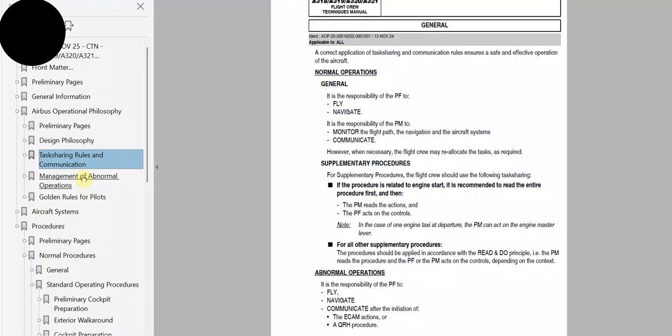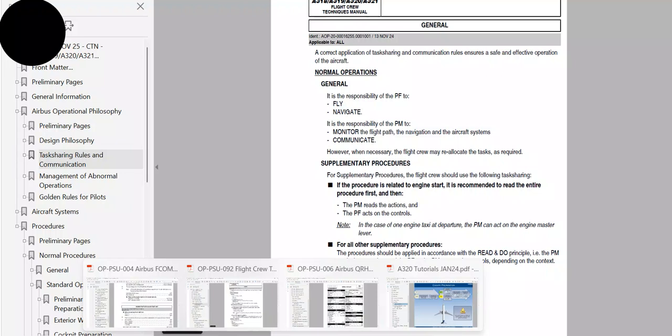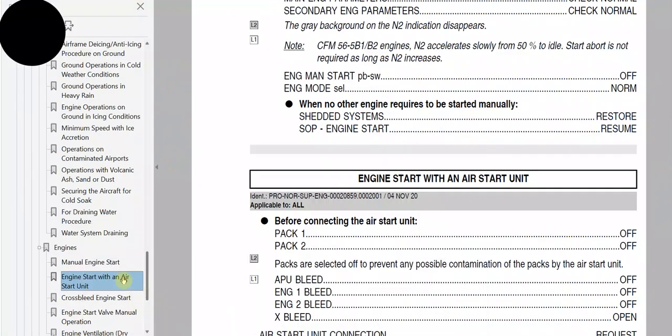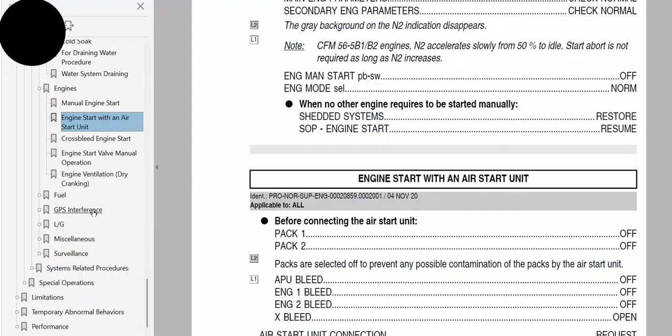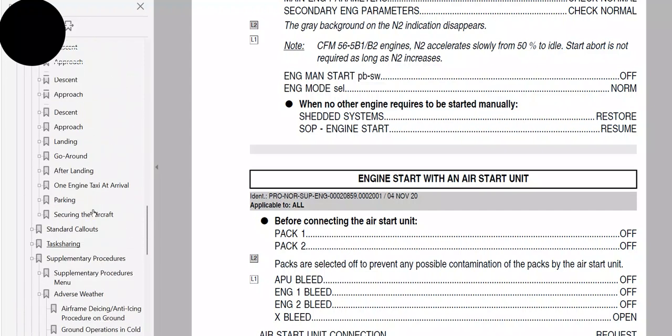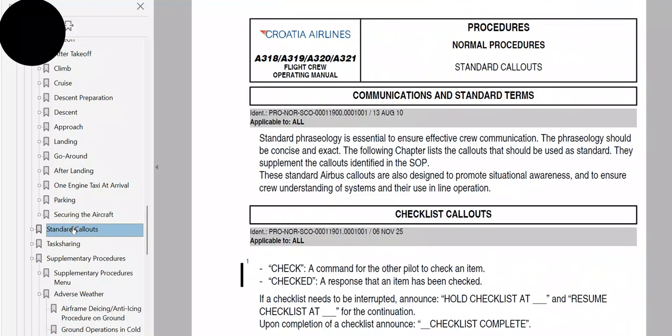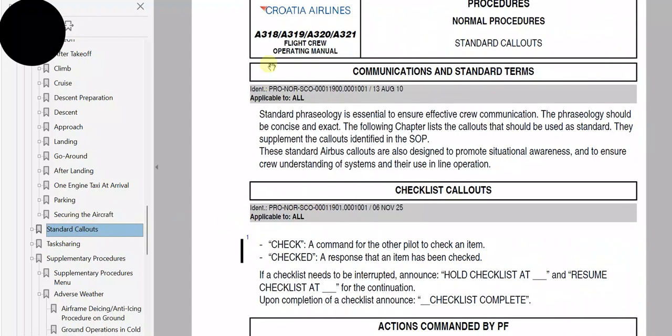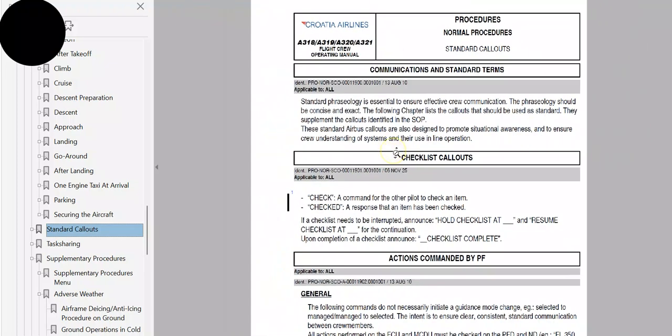But before that, no, it's not over. We need to go to something very, very important, and this is how to communicate in the Airbus. For this, we need to go to the standard callouts. The standard callouts chapter in the FCOM, which you can find here, explains how to communicate between pilots, what to say, what is proper wording.